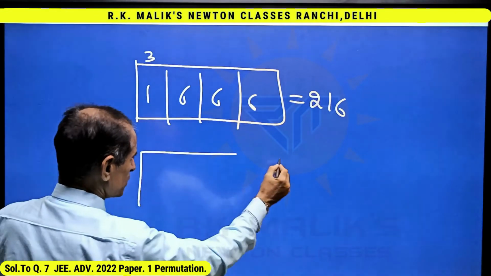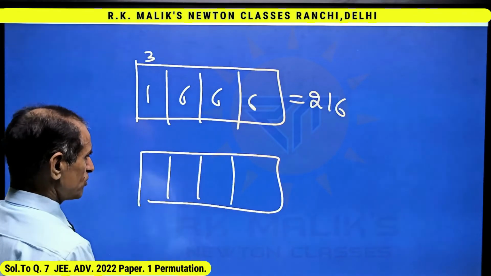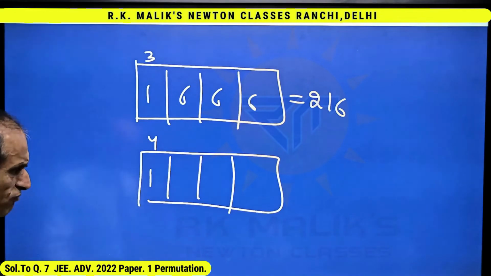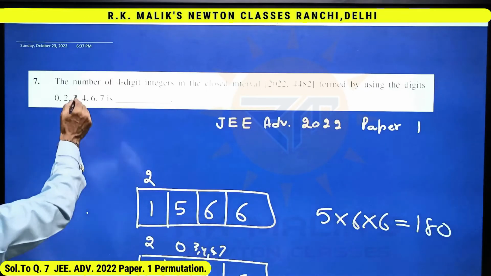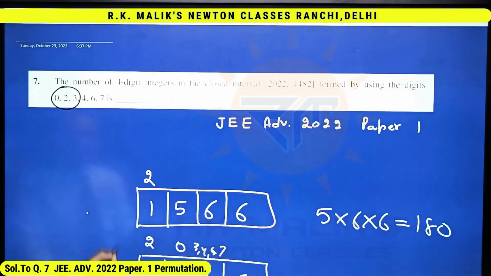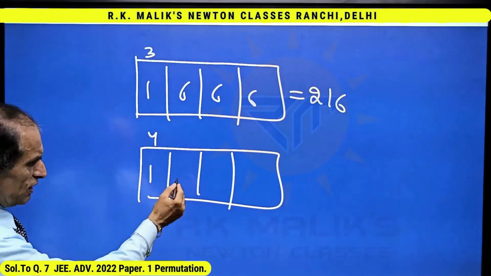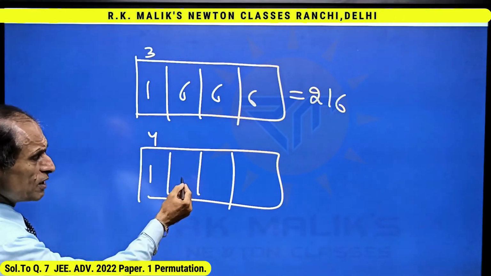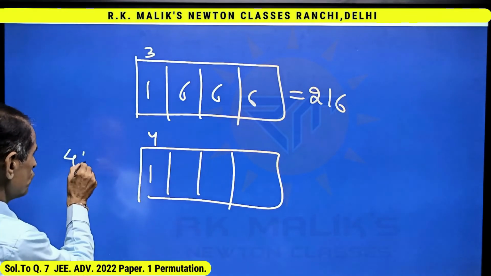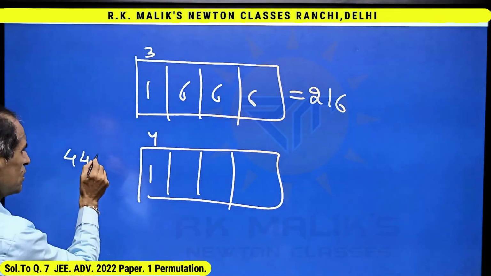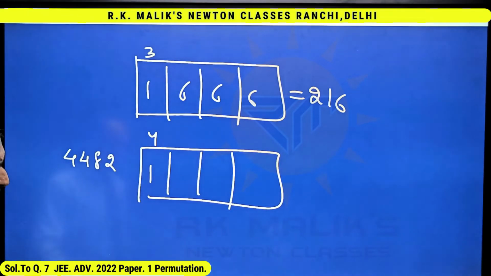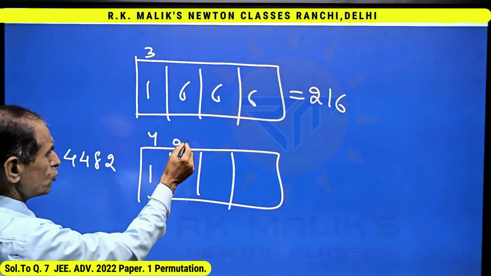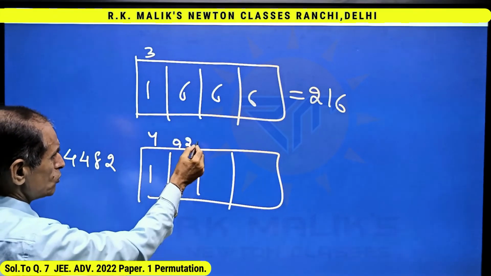And now let us deal with the numbers which have 4 in the first place. That is, this place is filled in one way. If out of 0 or 2 or 3 anyone comes in this place, the number found will be less than 4482. That is, I am going to fill this place by 0 or 2 or 3.